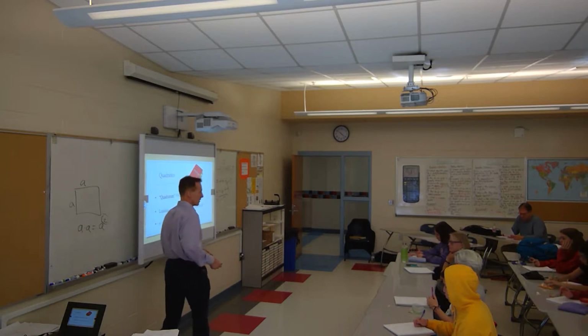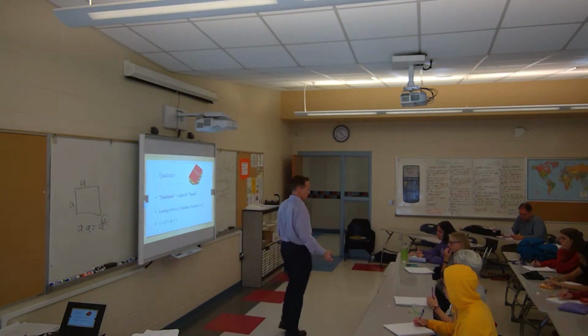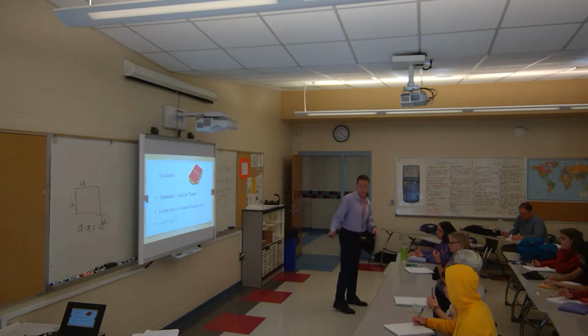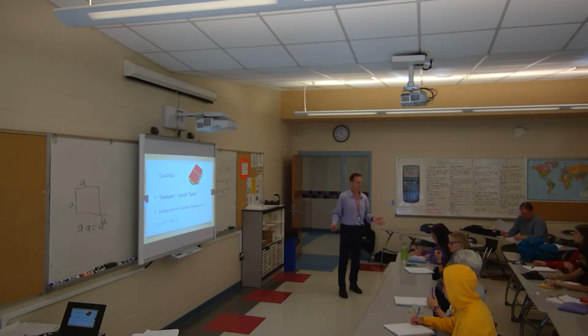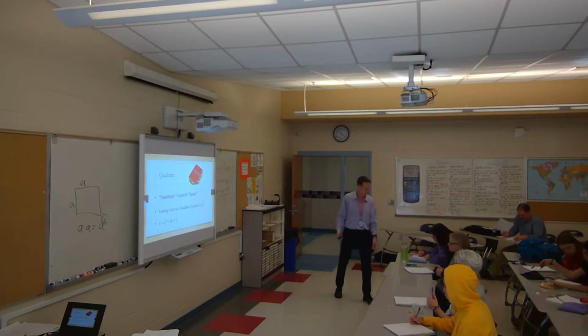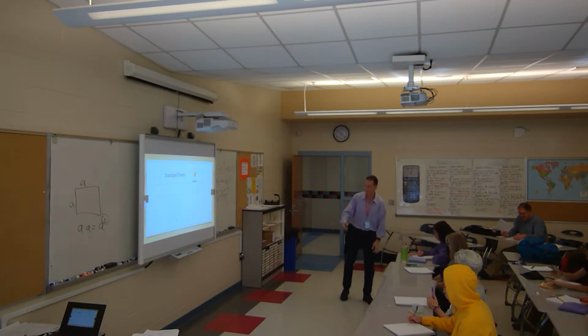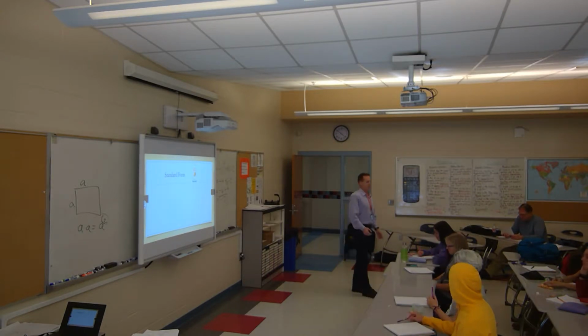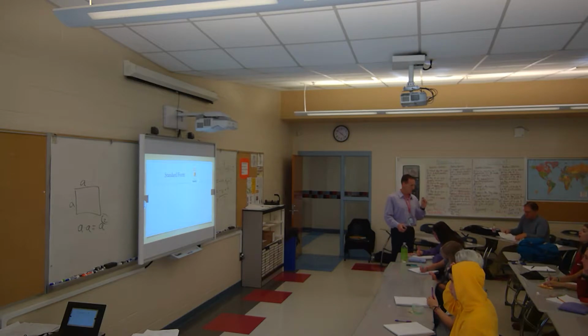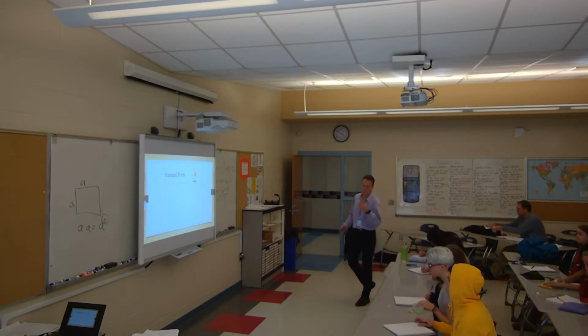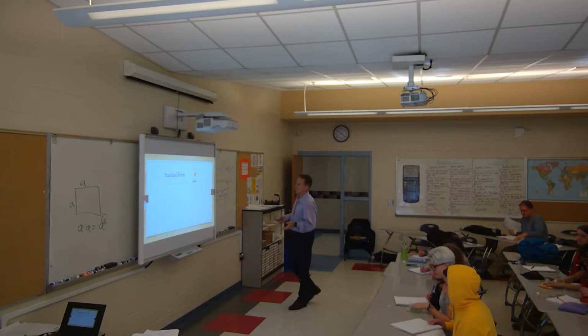Our leading term here is x squared. It's a quadratic equation. Perfect. Our first of 2. We're going to do 2 today, and that's primarily the main forms of a quadratic equation.